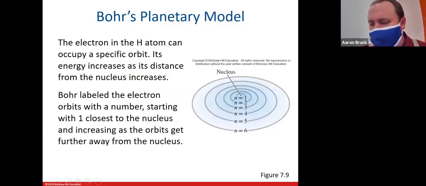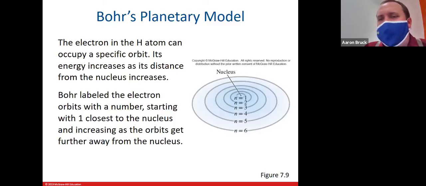The Bohr model of the atom is important to us because it gives us a picture that we can at least gravitate toward and latch onto as far as what an atom looks like in terms of where those electrons are.